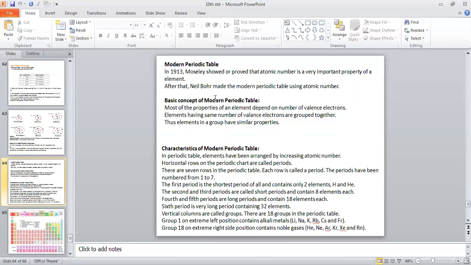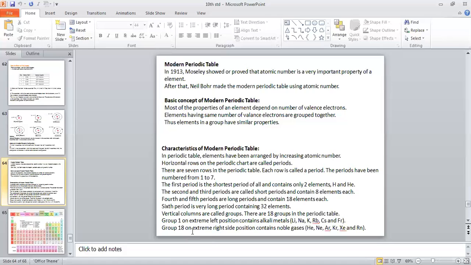The basic concepts of the modern periodic table are that the properties of elements depend upon the number of valence electrons, elements having the same number of valence electrons are grouped together, and elements in a group have similar properties. So this is the basic concept to classify elements in the modern periodic table.